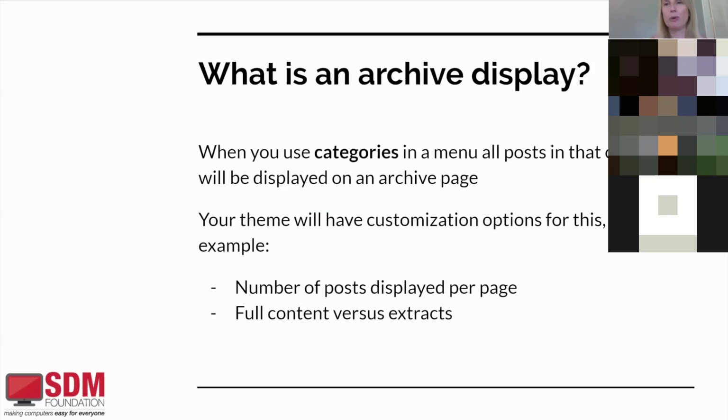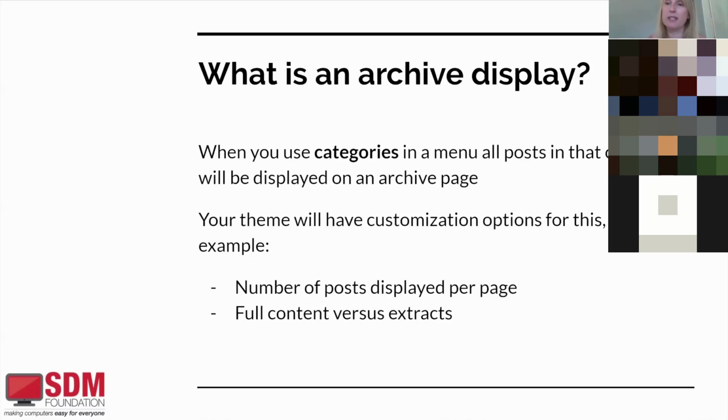For example, how many posts you display on a page before someone has to click a button to say next page. That will generally default to 10 on a page so that you're not scrolling forever before you get to go on to the next page. Another common thing is whether you show the full content of those posts, or extracts from them on that page, so that you can display 10 or 15 or 20 or however many you want on a single page, without having to scroll forever through content.